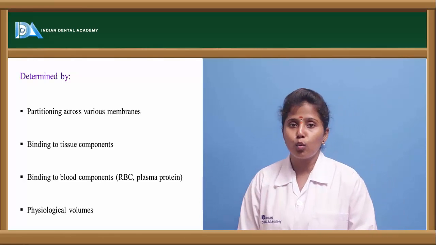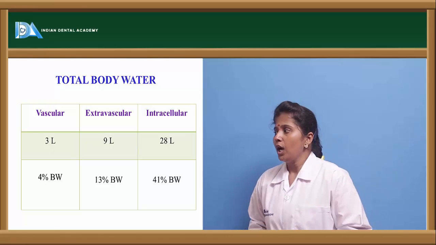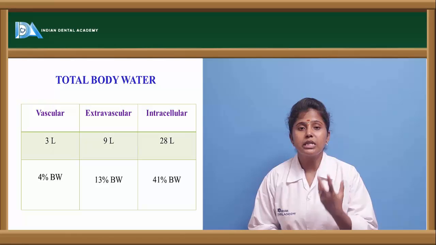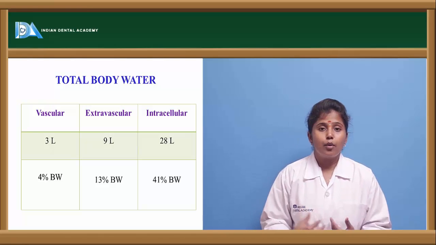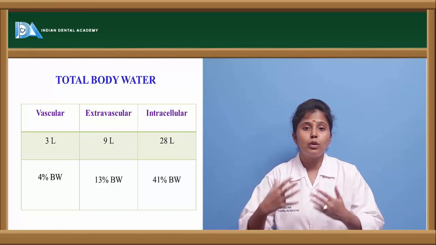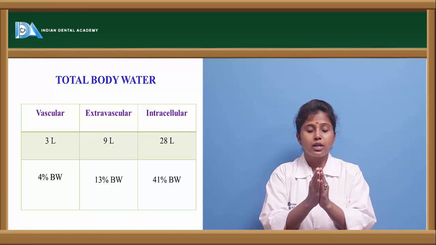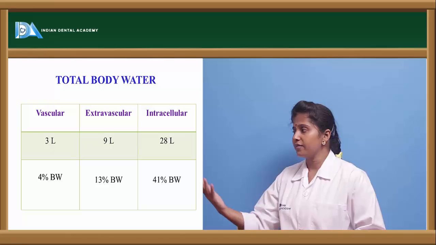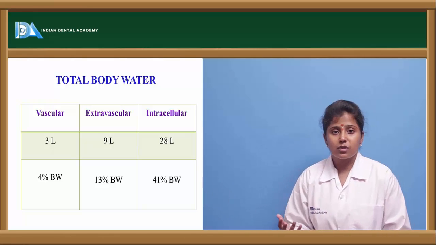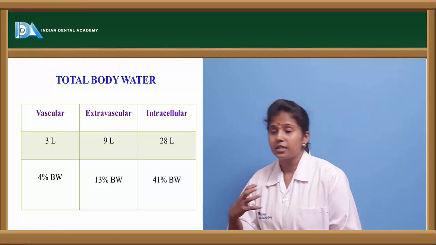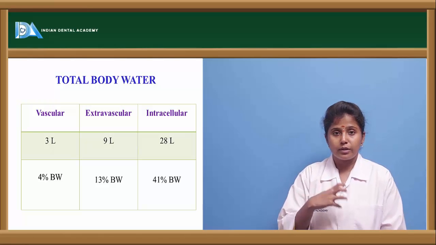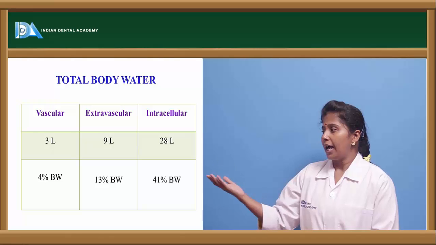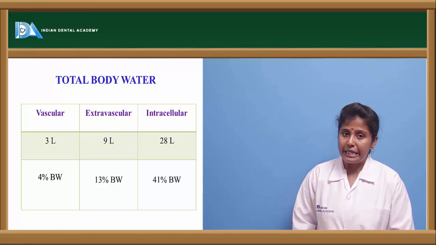And physiological volumes: total body water. So what is this total body water? Once the drug is entering into the body, it is solubilizing with water, so the drug water is distributed all over the body. In the vascular compartment, 3 liters of drug water is present, extravascular 9 liters, and intracellular 28 liters.